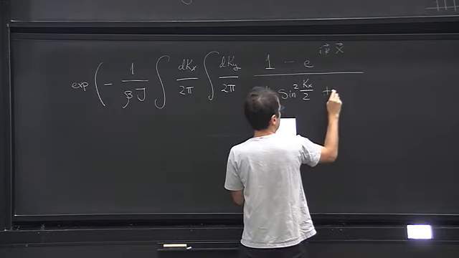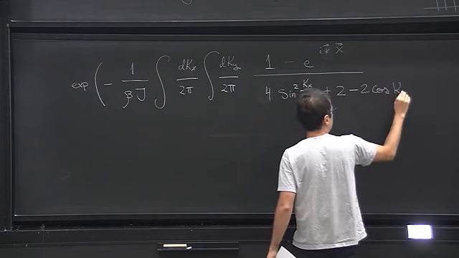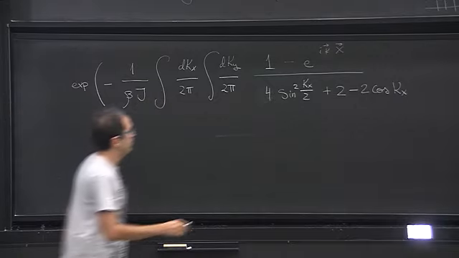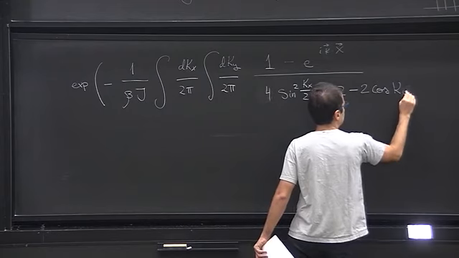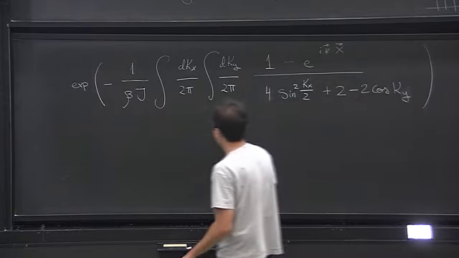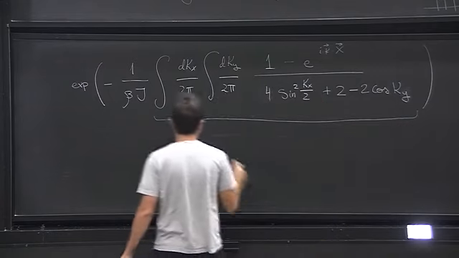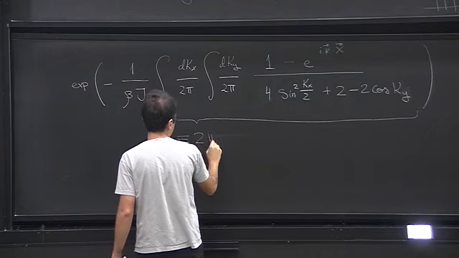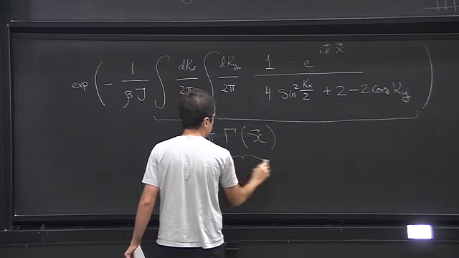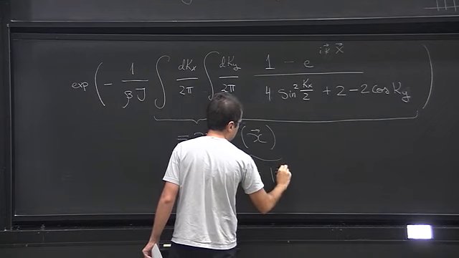And the other one I'm going to write as 2 minus 2 cosine of kx, that's just the other sine squared, ky. And this quantity here is defined as 2 pi gamma of x. And what we want to do is study gamma at large x.